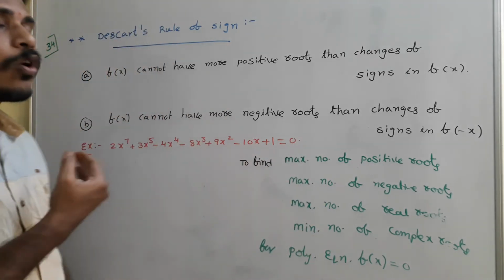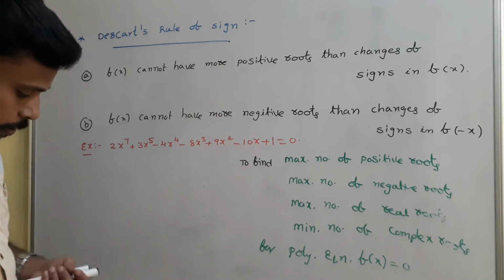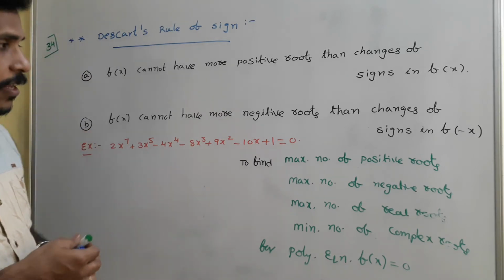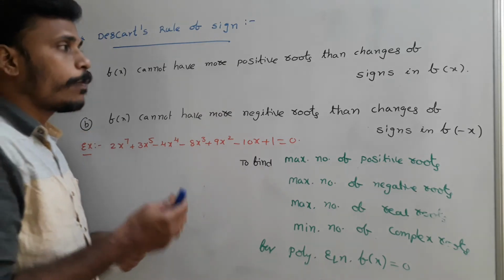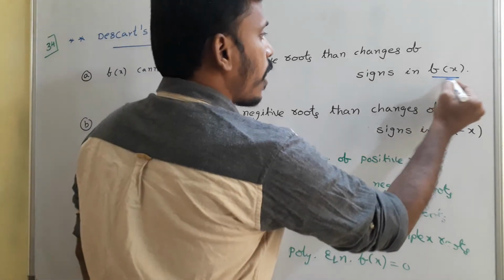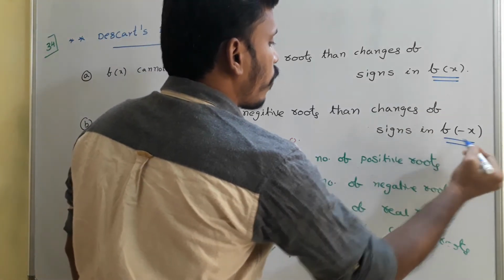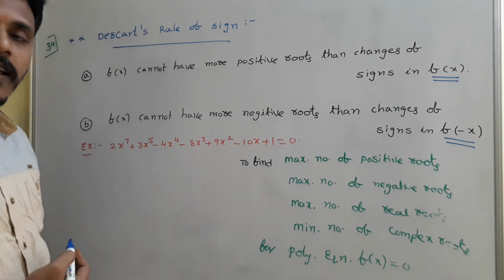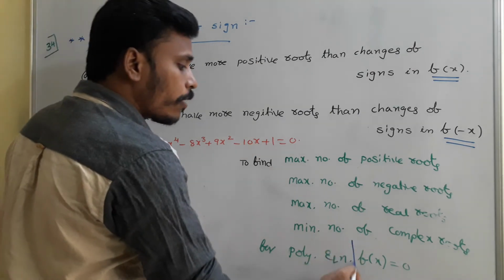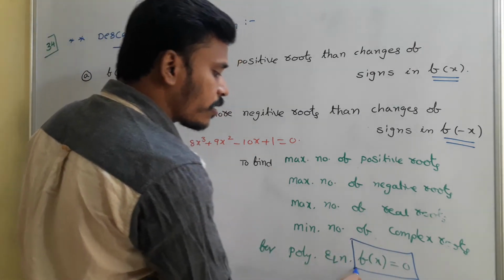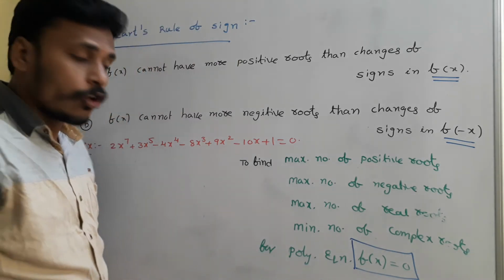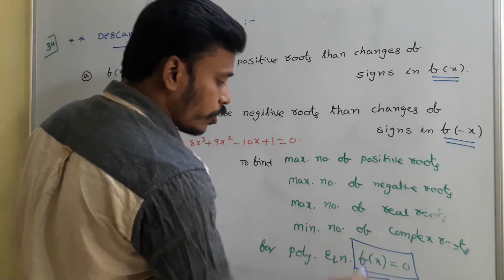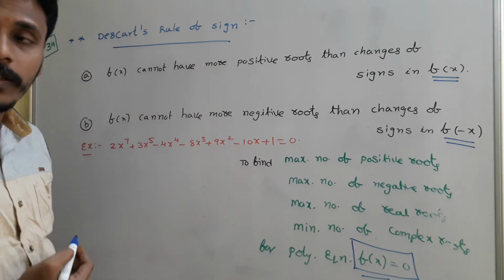And how to work with the Descartes rule of sign? Basically two rules are there here, one rule is based on f of x and the other rule is based on f of minus x. If the polynomial equation is f of x is equal to 0, you just pay attention on this f of x.